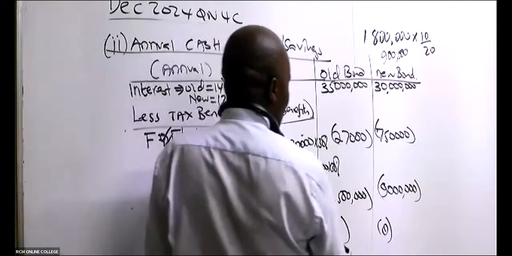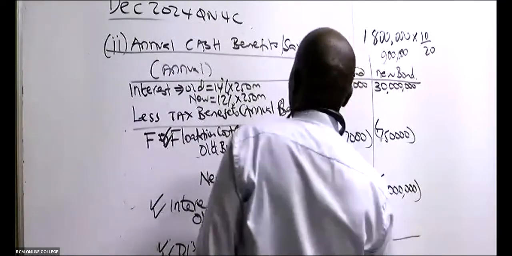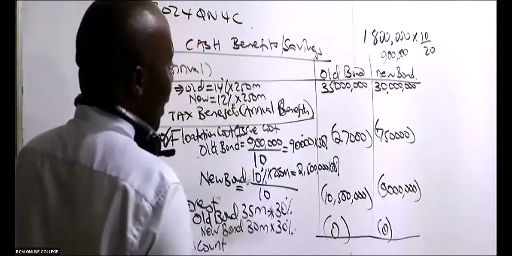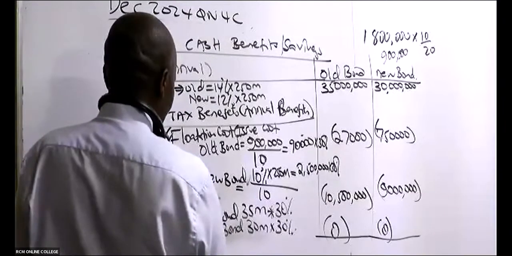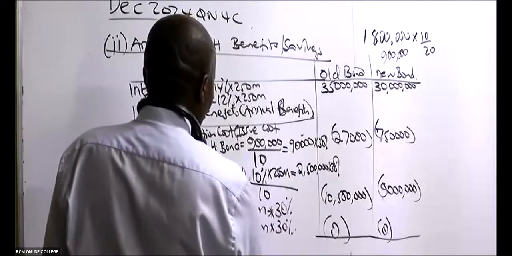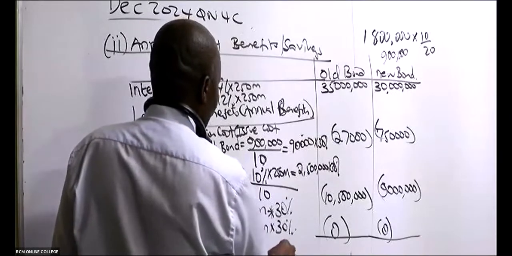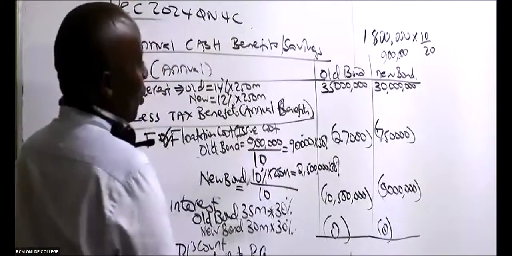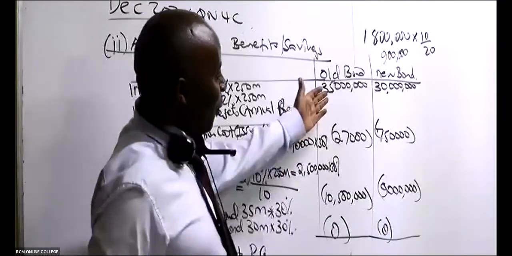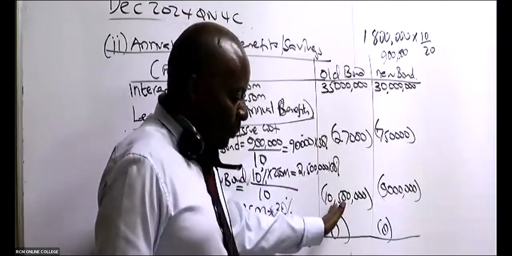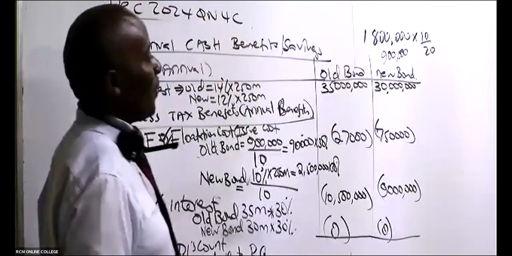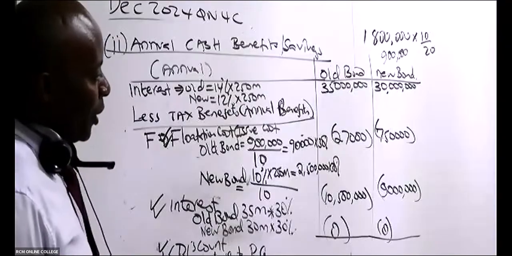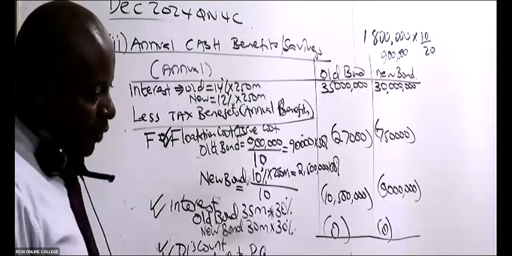So then can you kindly give us what we need to be paying, the net interest per annum. If it is the old bond, you take 35 million minus 10.5 million.